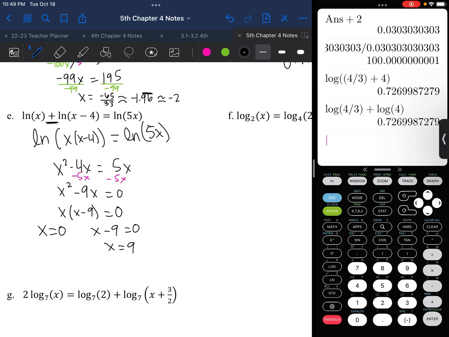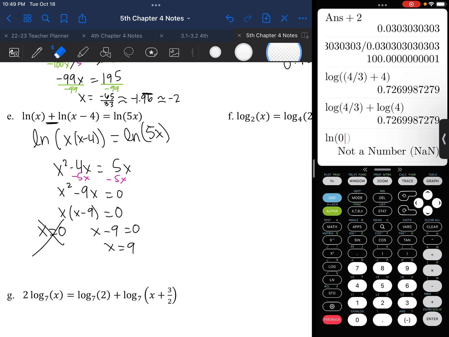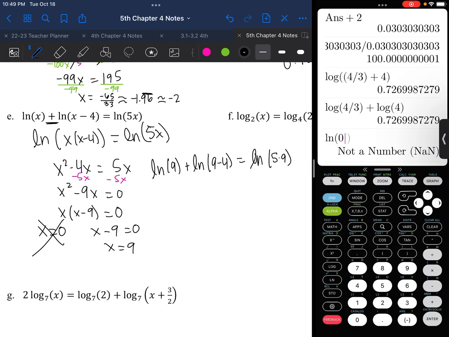Then we have to check for extraneous solutions. So the natural log of 0, there's your extraneous solution. You can't take a natural log of 0. Let's double check the other one just to be sure. Natural log of 9 plus the natural log of 9 minus 4 would equal natural log of 5 times 9.